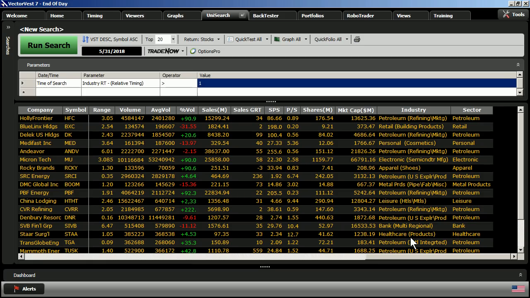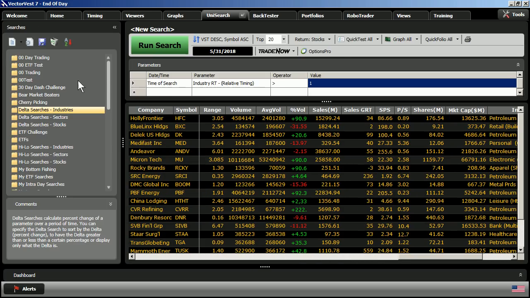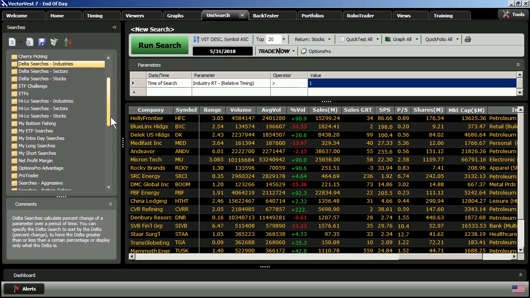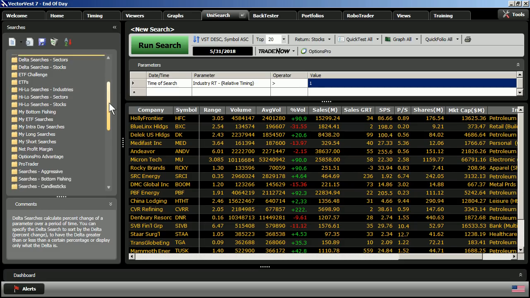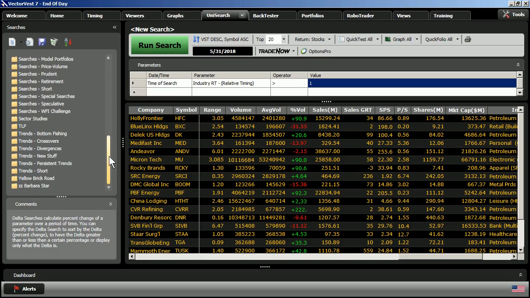And now to take it to the next level, we can combine these building blocks with the other Unisearches within our Unisearch tool. So as we open the searches window, there are search groups that already look for the delta operators. So those can be good starting places. But I can also use my favorite search.